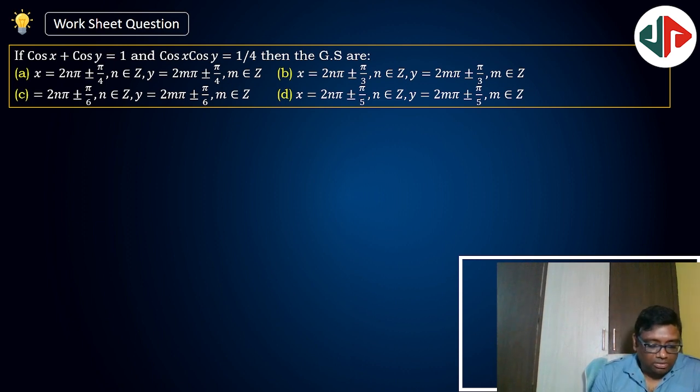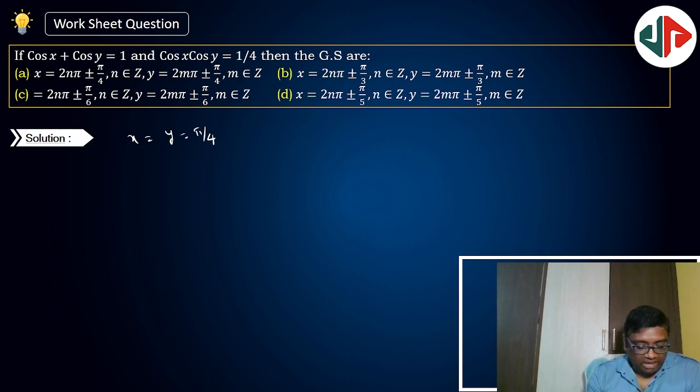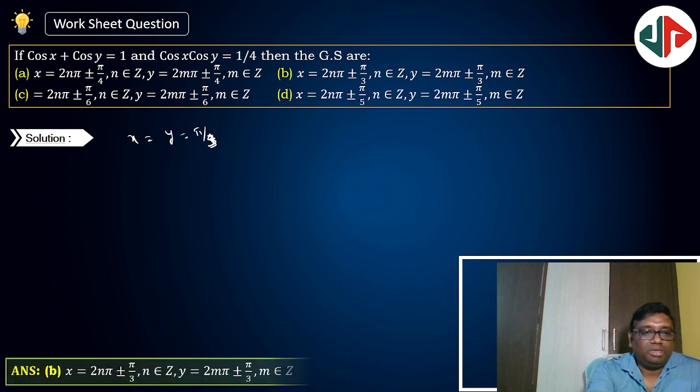If x is equal to y is equal to pi by 3, you write, then what is the value here? Cos pi by 3 is 1 by 2, so 1 by 2 plus 1 by 2 is 1. 1 by 2 into 1 by 2 is 1 by 4. So x value and y value must be equal to this value. That means x is equal to 2n pi plus or minus pi by 3 and y is equal to 2m pi plus or minus pi by 3. So that is our answer.